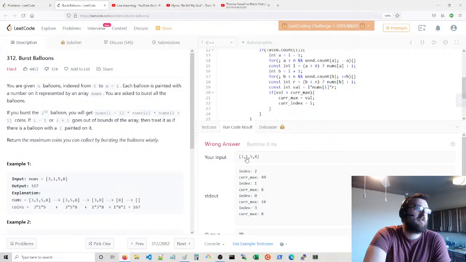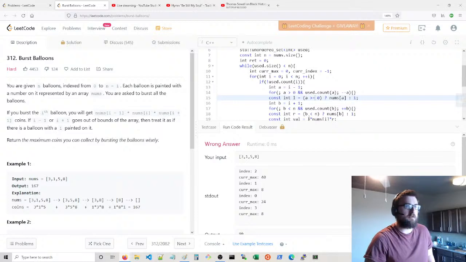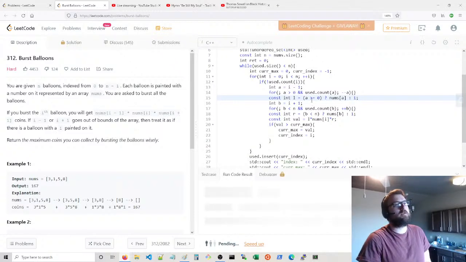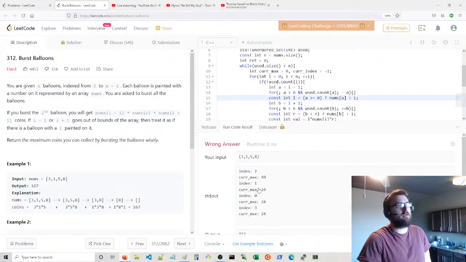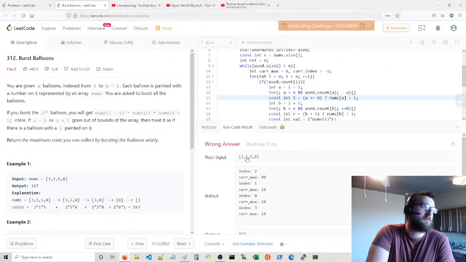So 0, 1, but we burst 5, so 3 should be nums of a is greater than 0. Oh, excuse me, that's why. Slight mistake. Okay. Wait, what? So we should get 5 times 8 times 1 is 40.